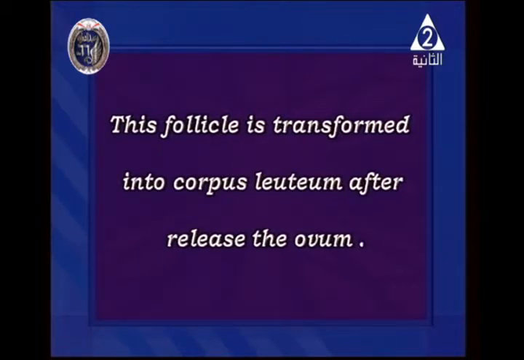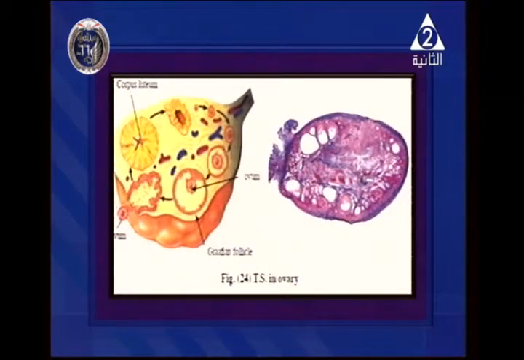Again, this follicle, or this layer, changes into the corpus luteum. It has an important function in the formation of oogonia after the release of the ovum. Well, this is a transverse section in the ovary that shows the ovum and the corpus luteum, as you observe on the screen.